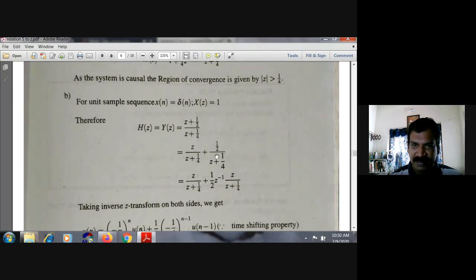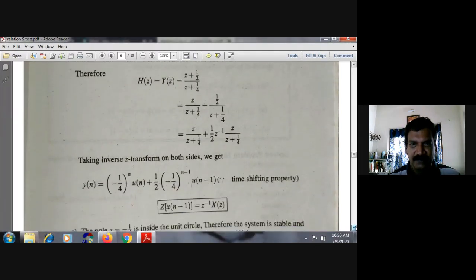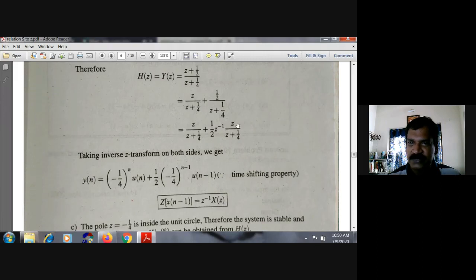The next is half into z inverse, we make a z inverse term, so half into z inverse into z by z plus 1 by 4. This is the same as the previous problem, so we can easily convert it to an exponential sequence. Taking the inverse transform, we get minus 1 by 4 raised to n of u of n.